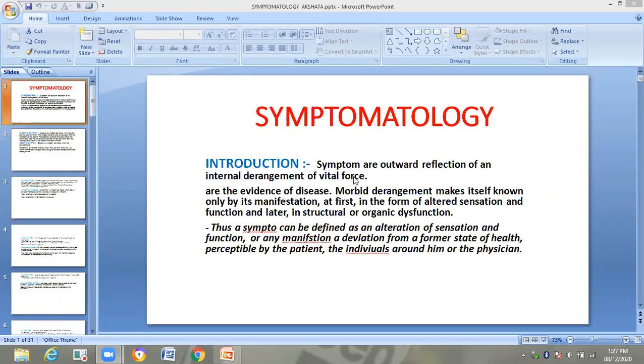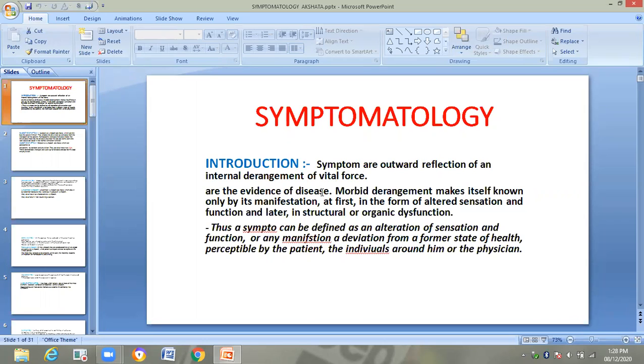So we see different concepts of symptom according to different homeopathic physicians like Dr. Hahnemann, Dr. Kent, Dr. Elizabeth Wright, Dr. Roberts. According to Dr. Hahnemann, the outward reflection of internal derangement of the vital force is nothing but the symptom. It is the evidence of disease.